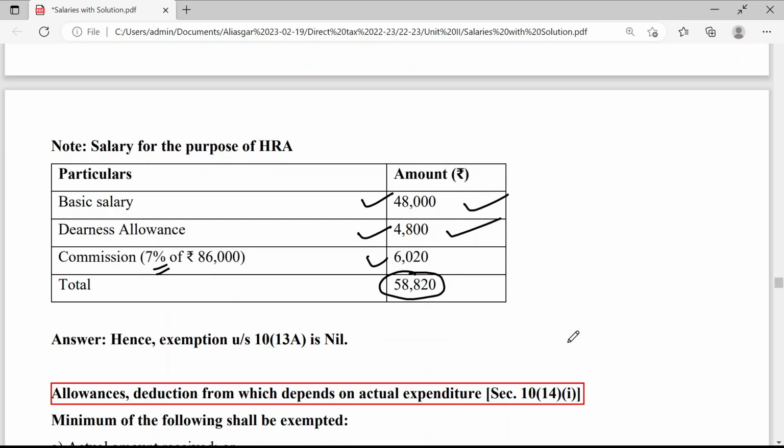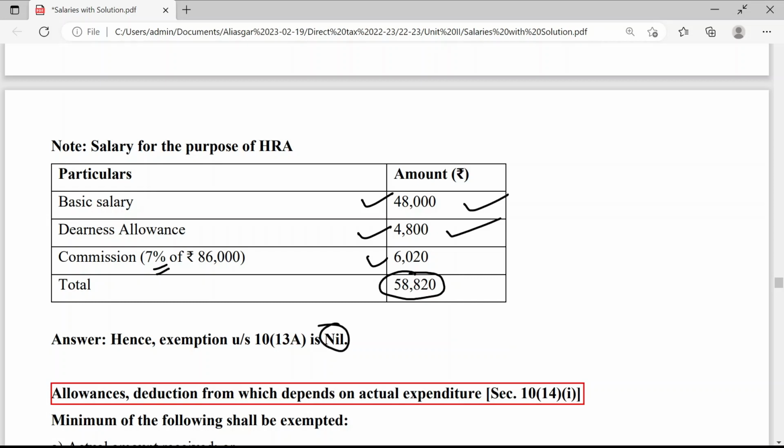You have to write down how you have found the salary. And remember, whenever you are writing the answer of an MCQ, please read the question carefully, whether it asks what is the exempted amount or what is the taxable amount. In this question it is asked to find out the exempted HRA under section 10(13A). So exemption under section 10(13A) is nil.